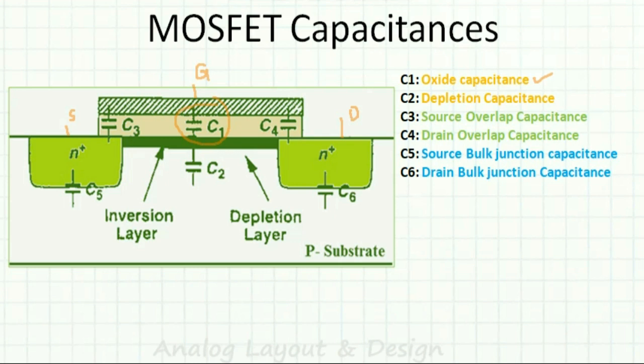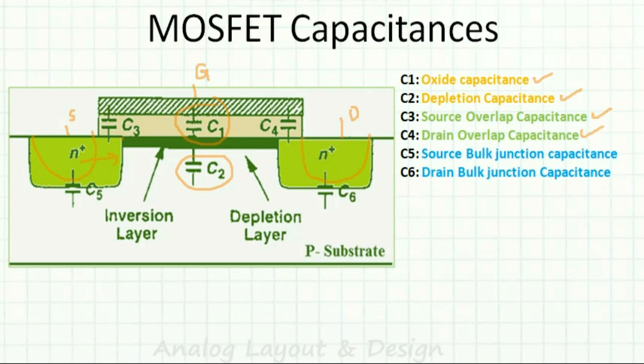Then we also have a depletion capacitance C2, which is shown here. And then we have the overlap capacitance. Strictly speaking, the drain and the source should have been only so much, but there is an overlap here, and that's why we have C3 and C4, the source overlap capacitance and the drain overlap capacitance.